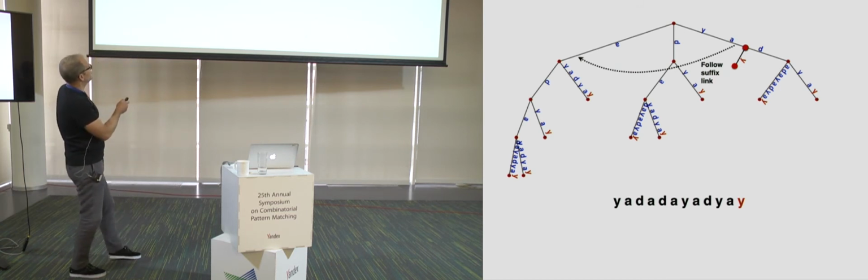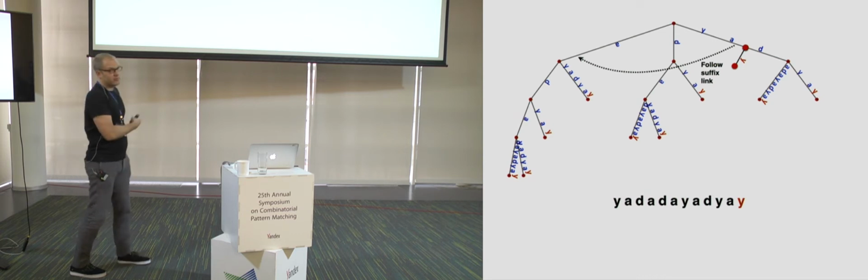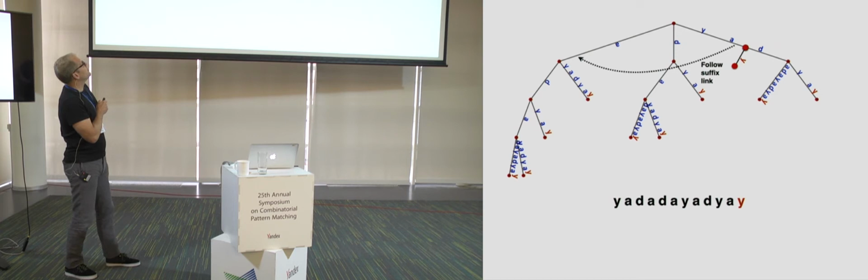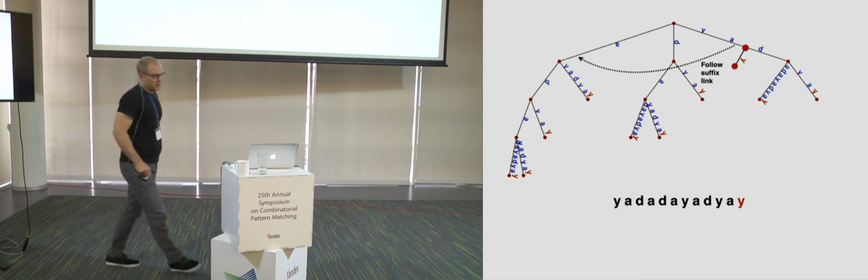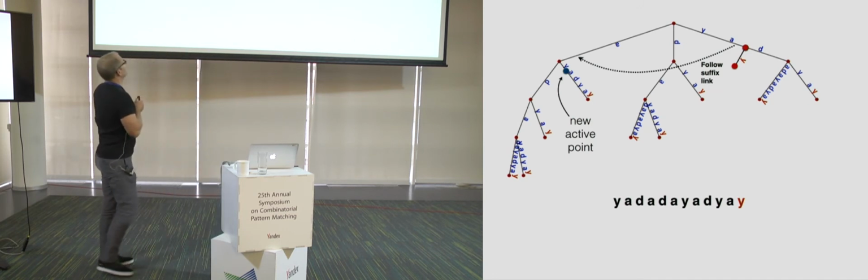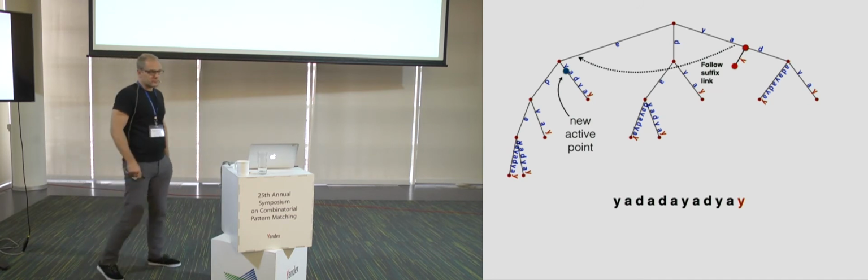Using a backwards pointer in the tree called a suffix link, we get from the point that represents yA, removing the first character, to the point where we represent A. That's the next position where we may have to do something. In this case, we don't have to do anything because there is a y here already. So we just move down here and get that as the new active point for the next iteration.